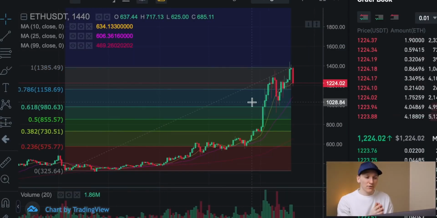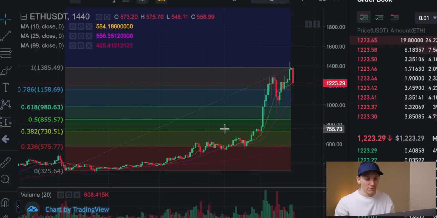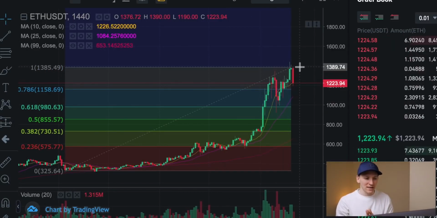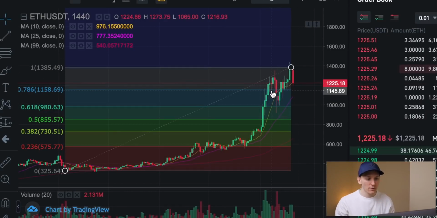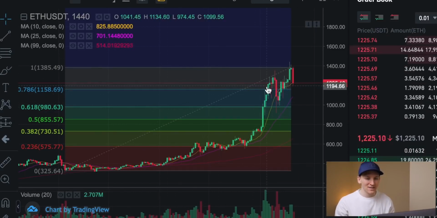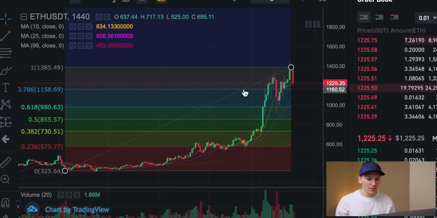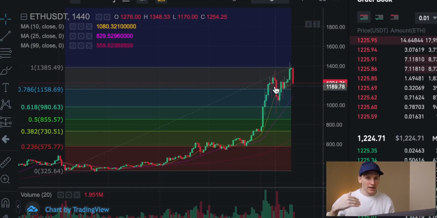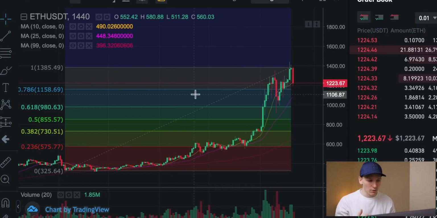It looks like Ethereum for now anyway has had an absolutely massive run up, but it is meeting some resistance and some selling pressure right now. So we can look at these Fibonacci retracement levels to see what are some levels that the stock may find support at, or if they do break through, then it could mean that the stock is going lower, or the crypto is going lower.